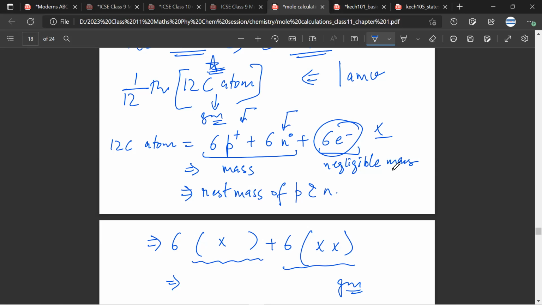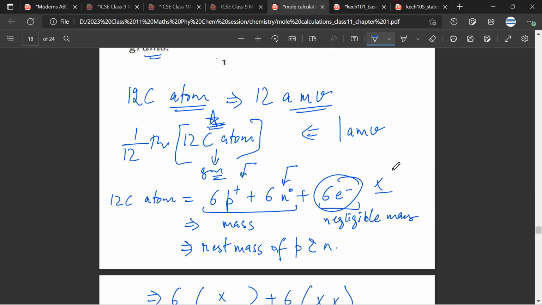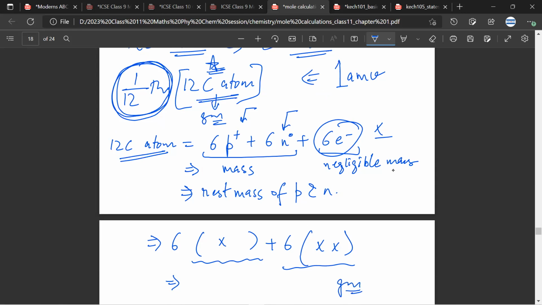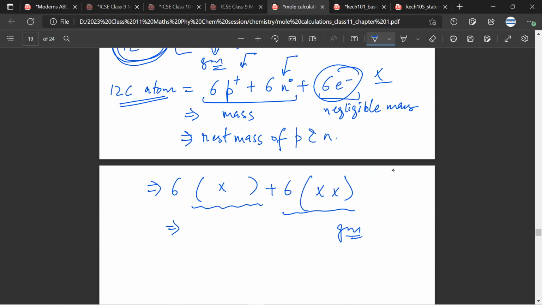Are we clear till here? Yeah. And just remember that one atomic mass unit is 1/12 of the 12C atom. So whatever mass I am finding here, I'll have to divide that by 12. Have you understood what I said? Yeah.